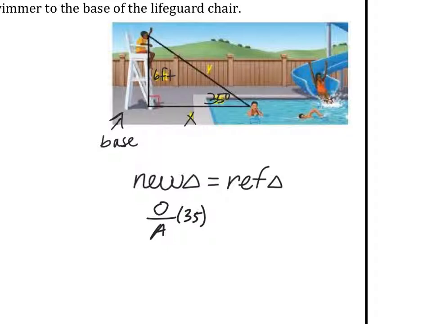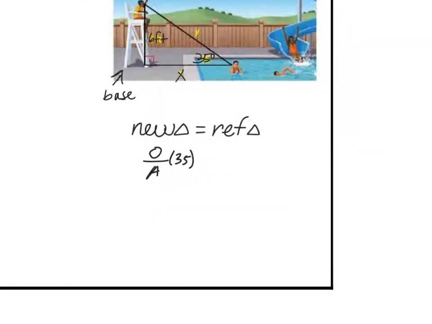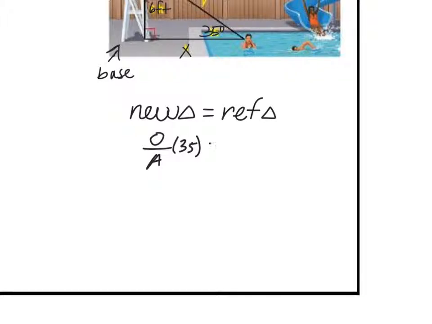I should see these steps. Remember we talked about, for now, you're not taking a shortcut. Later, I'll let you take shortcuts. But at this point in time in our unit, I need you to show all the steps. Why is it again that these ratios are equal to one another?